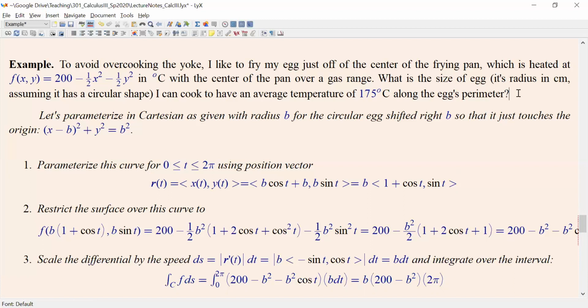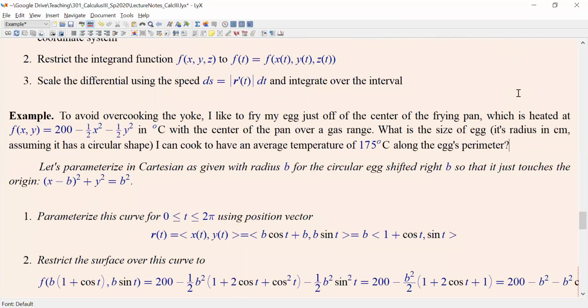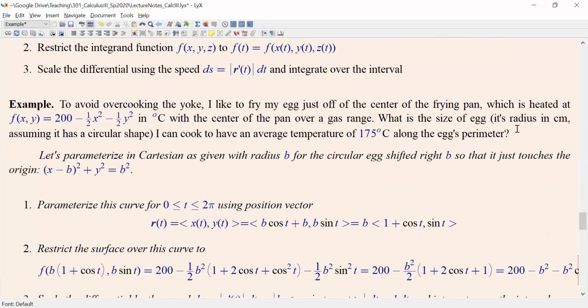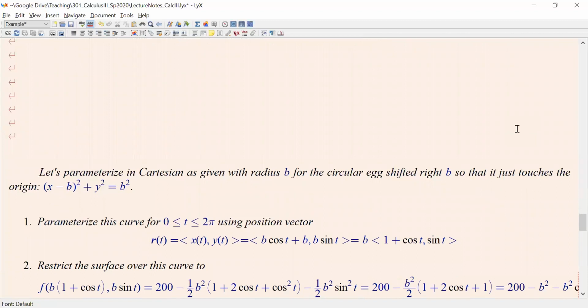Let's draw this a little bit. Here's my pan. And now I want to draw my egg.